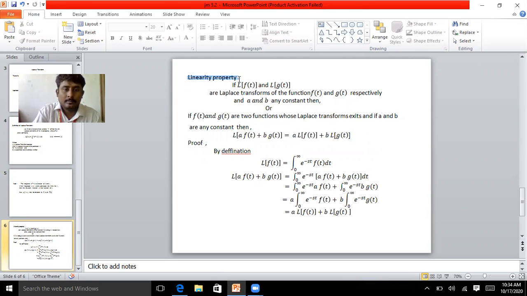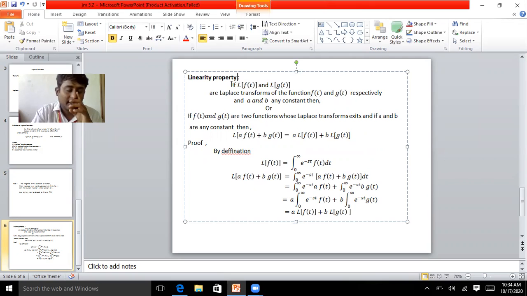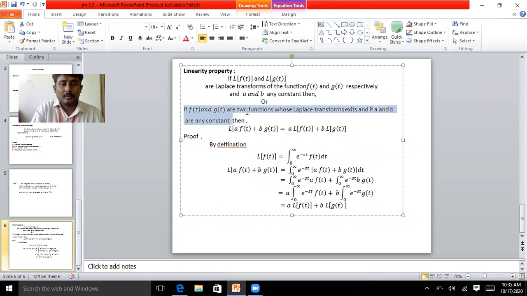The statement of the linearity property is: if L of f of t and L of g of t are the Laplace transforms of the functions f of t and g of t respectively, and a and b are any two constants, then... or it may come in a different statement: if f of t and g of t are two functions whose Laplace transformation exists, and if a and b are any two constants. Okay, read the statement carefully.